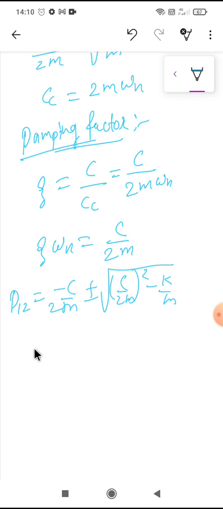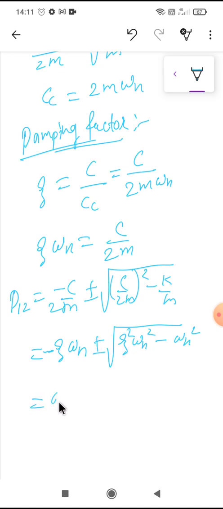We will replace this with minus zeta omega n plus or minus the square root of zeta square omega n square minus k by m. k by m is omega n square, so we take omega n as common. So we will get omega n times minus zeta plus or minus the square root of zeta square minus 1.